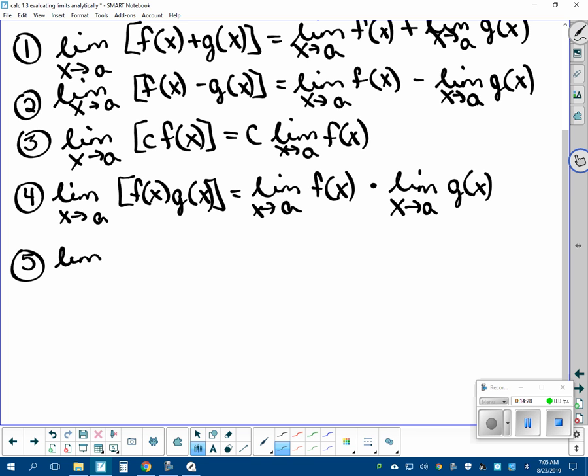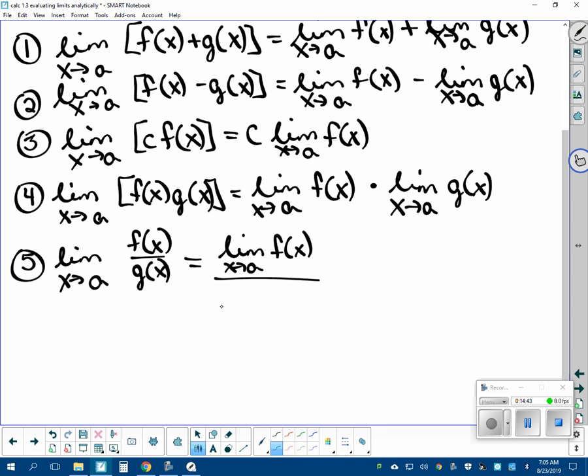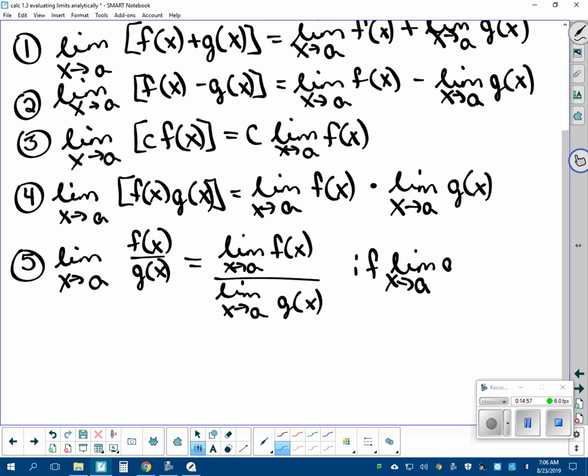Hopefully you're thinking division, and that would be correct. So if you have two functions that are being divided that you're trying to take the limit of, you can go ahead and do the limits of the functions individually and then divide those limits. This, of course, would have to have a stipulation because we can't let that denominator be 0. So this is only if the bottom limit, in this case g of x, does not equal 0.